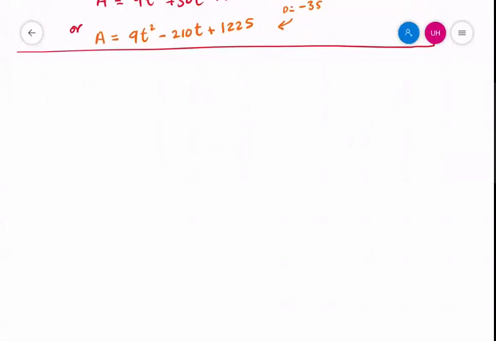Another question I told you to solve is question 2B. I asked you to do it actually, but I'll just do it as well.